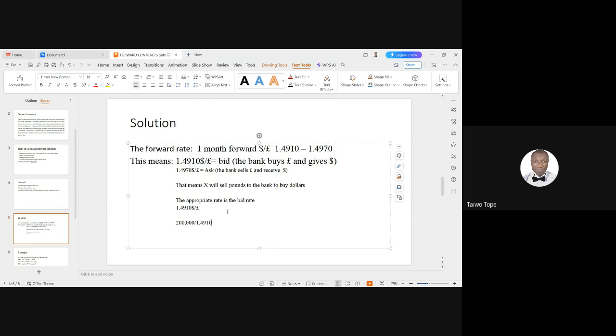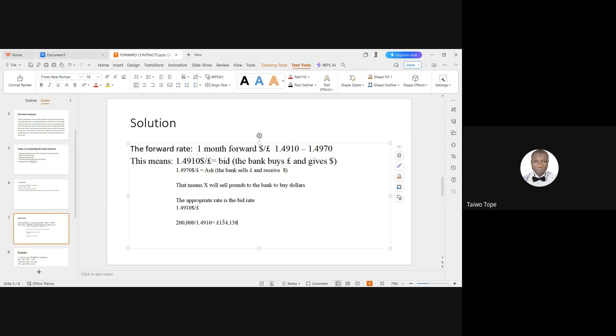And when you solve this, the value in pounds will be 134,138.